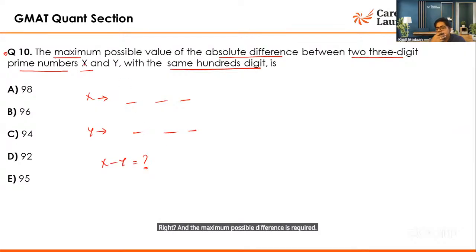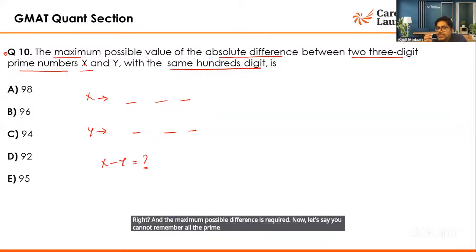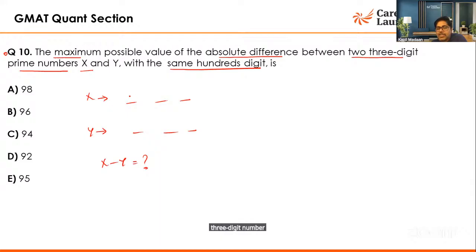Now let's say you cannot remember all the prime numbers. Take a 3-digit number, let's say 101. Check whether 101 is prime or not.